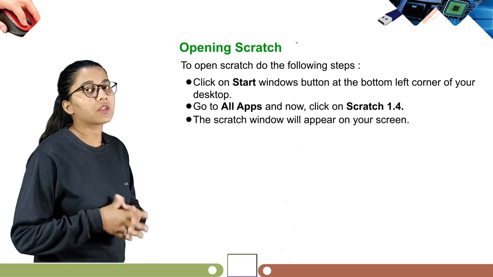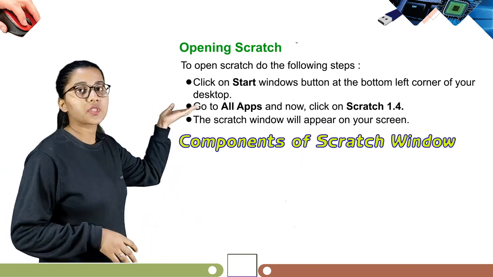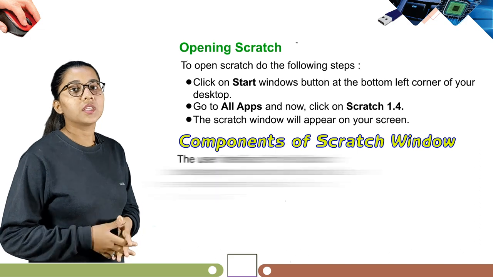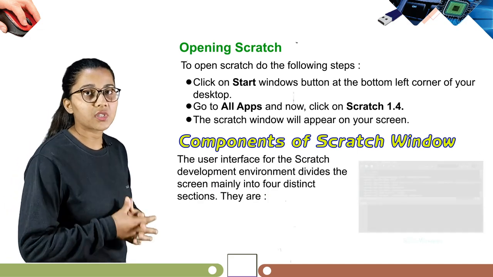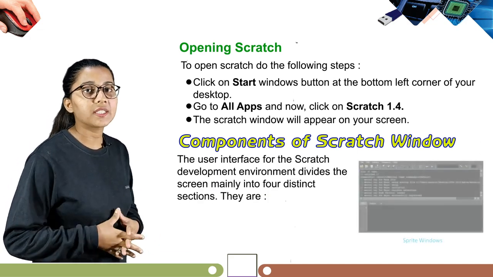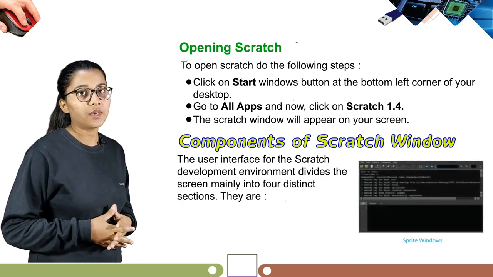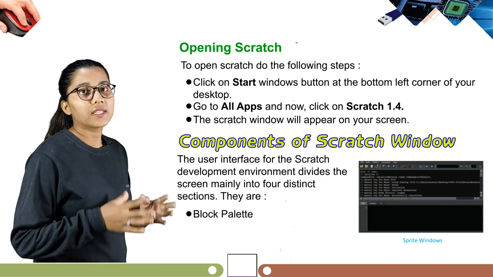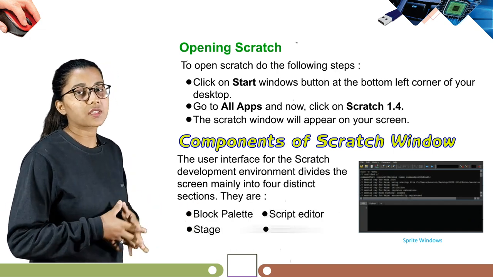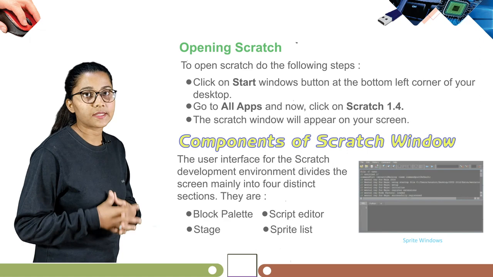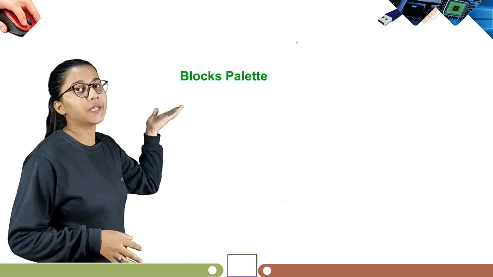Now students, our next topic is components of Scratch window. The user interface for the Scratch development environment divides the screen mainly into 4 distinct sections. They are block palette, script editor, stage, and sprite list. Let's learn about block palette in detail.